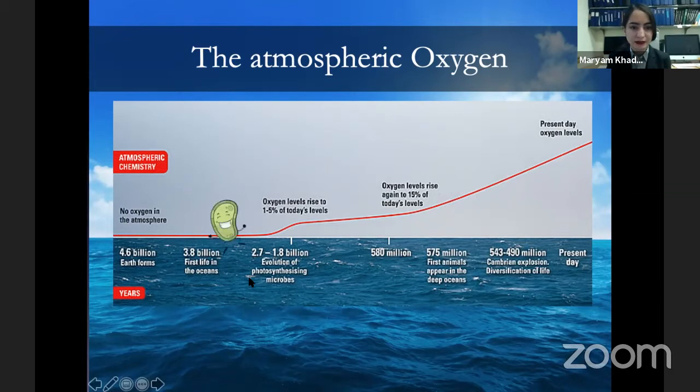And the cells that were living at that point did not have to worry about dealing with oxygen or reactive oxygen species. But with the evolution of oxygenic photosynthesizing microbes, the amount of oxygen started to rise in the oceans and then in the atmosphere, as can be seen by the red line here.